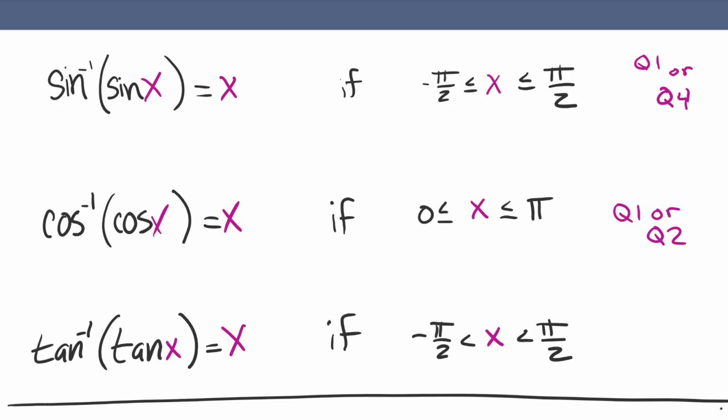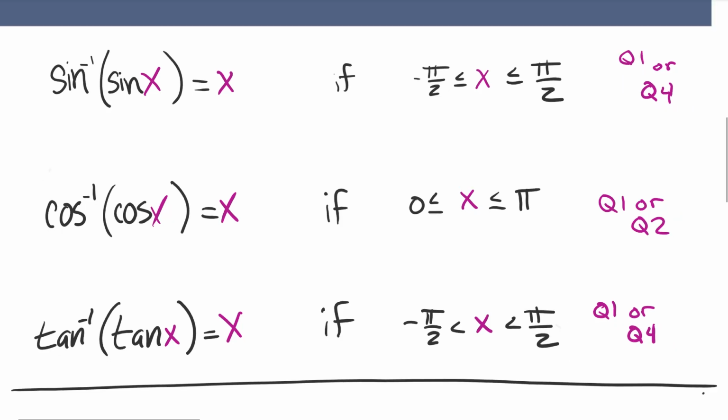And lastly, for inverse tangent of x, it will equal x if those values are, oh shoot, the x values are now angles. So we're talking about quadrant 1 or quadrant 4. Same thing as sine inverse, except we just don't include the endpoints for inverse tangent. It never achieves those. All right, let's see it in action.